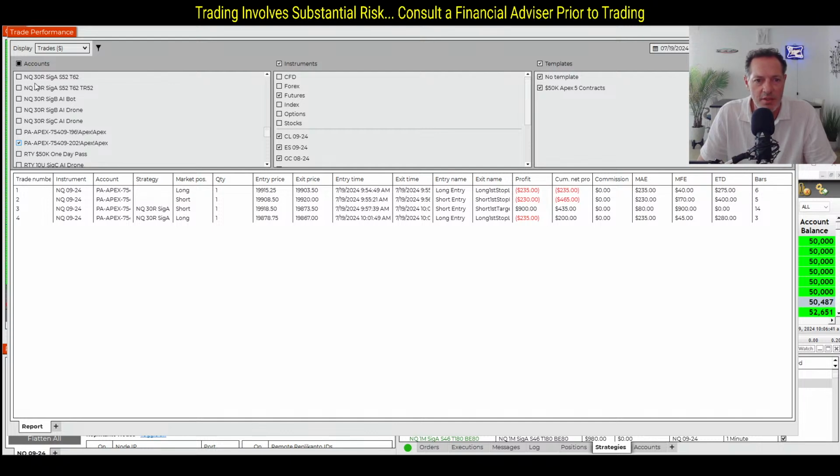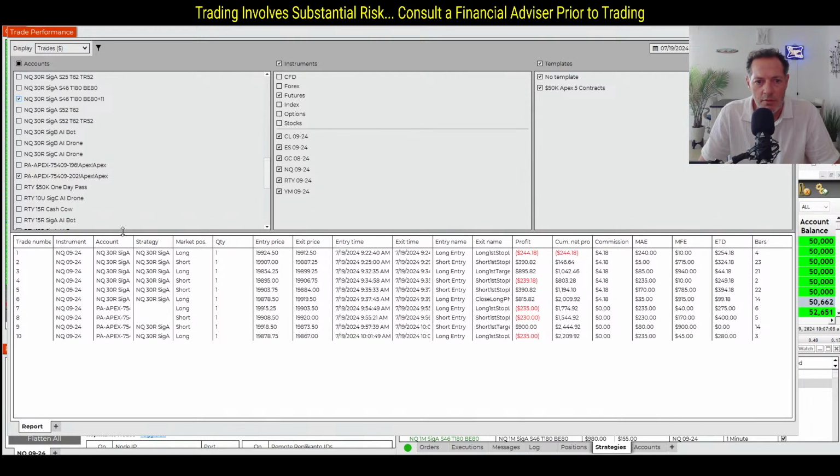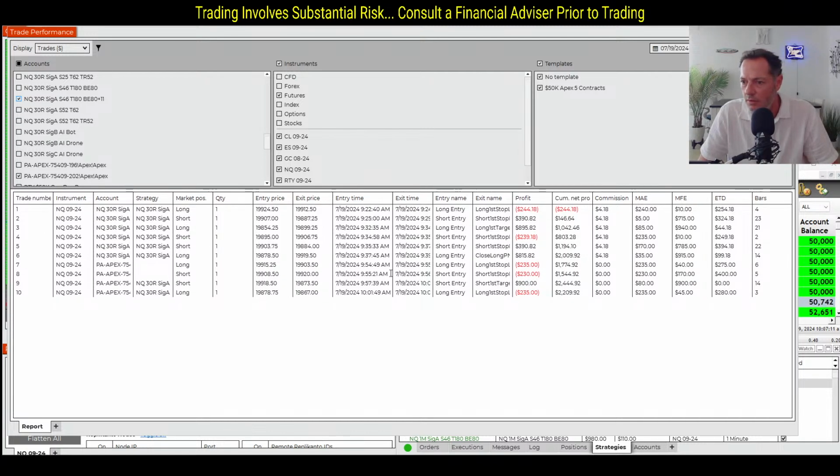These are PAs, so I didn't trade any evals yet today, so it didn't show them, but I traded PAs today, and it shows your PA trades right here. What I typically do is, I usually create a new strategy, and then I'll show you the entry for the PA and the sim account. You know what? I am making the same exact trade in this one right here. So these ones are identical, very similar. Let's see.